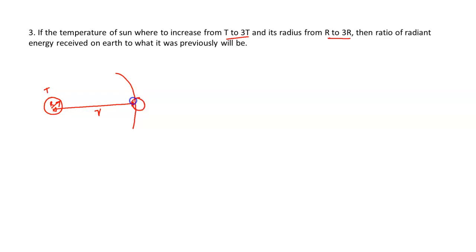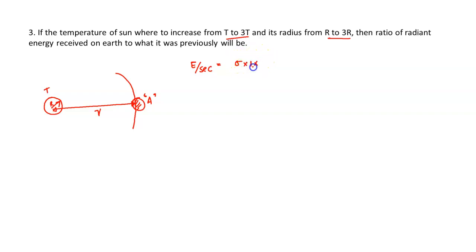And the area on which Earth will receive the sunlight, I am taking it as A. Now, the energy released by the sun per second will be equal to sigma A E into T power 4 according to Stefan Boltzmann law.